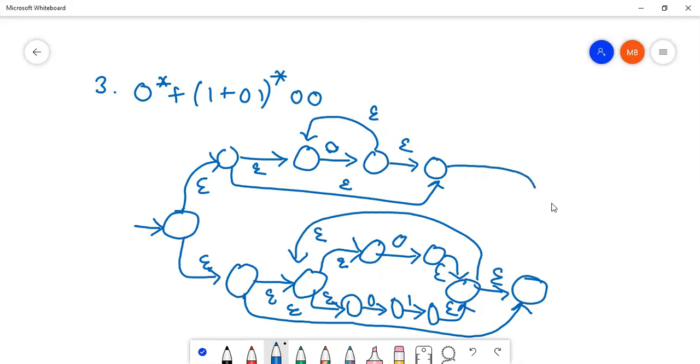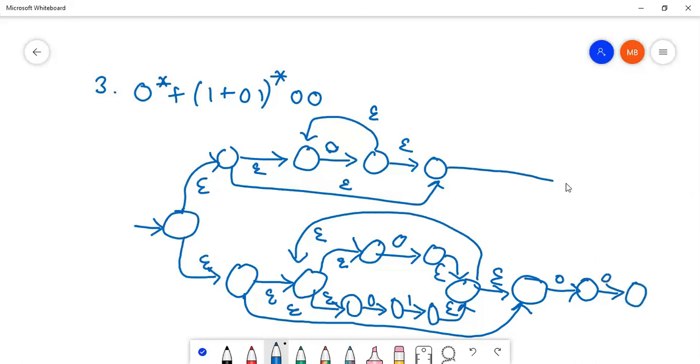Now this, observe properly, it is 1 plus 0 1 whole star followed by 0 0. So this we need to continue with 0 0. 0 and 0.